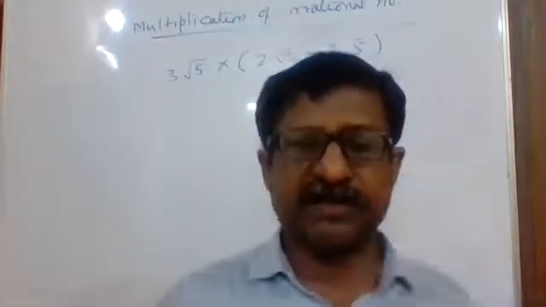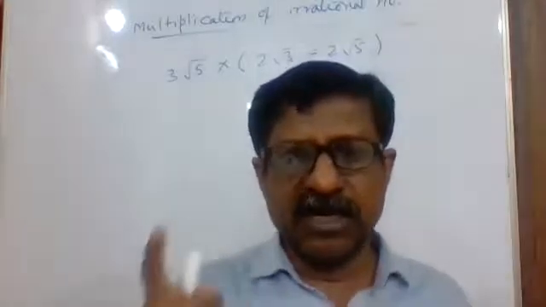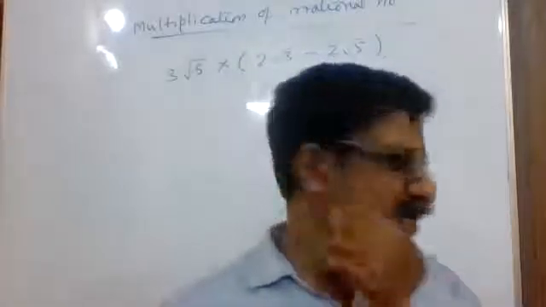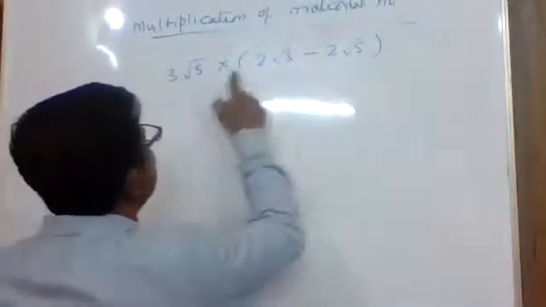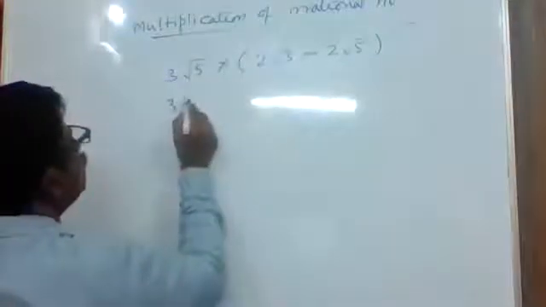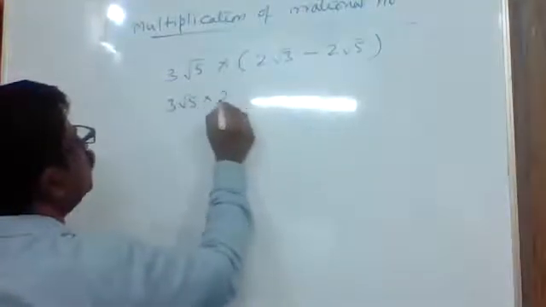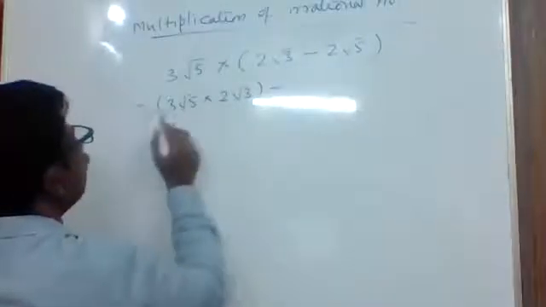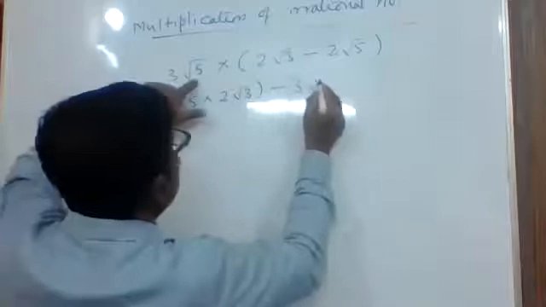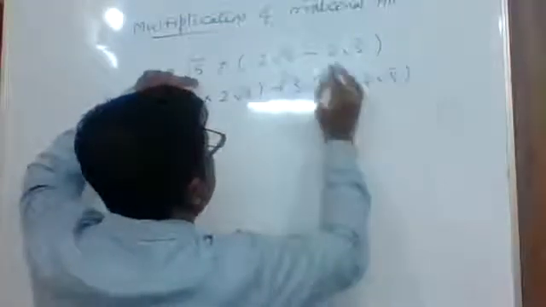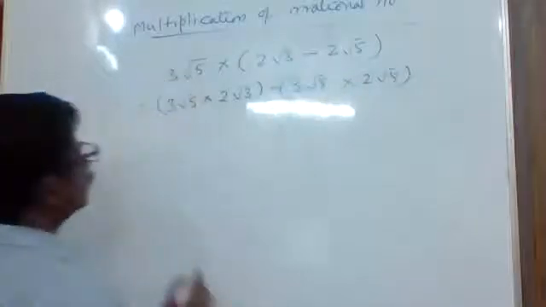Now we are going to do the multiplication of these numbers. The procedure is the same. We have to multiply individually with this as well as with this. First we multiply 3 root 5 with 2 root 3. In between we will put a minus sign. Again we multiply this 3 root 5 with 2 root 5. The sign has to be taken as minus only.